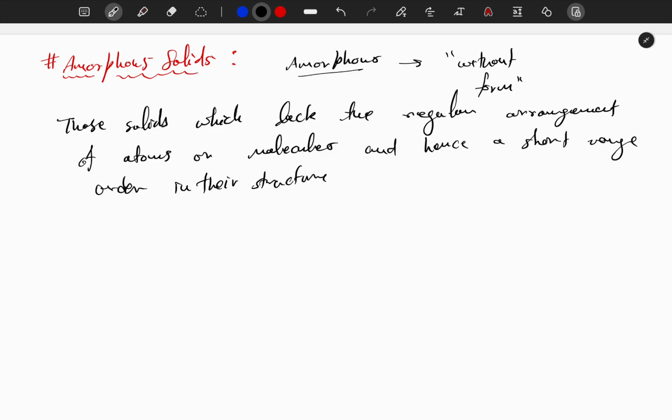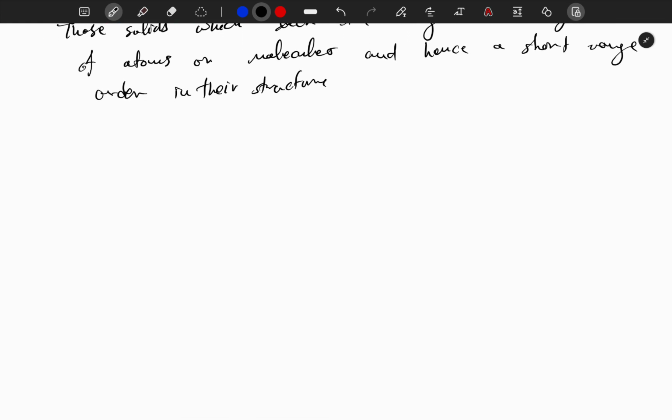So amorphous solids have no regular arrangement of atoms or molecules in their structure.